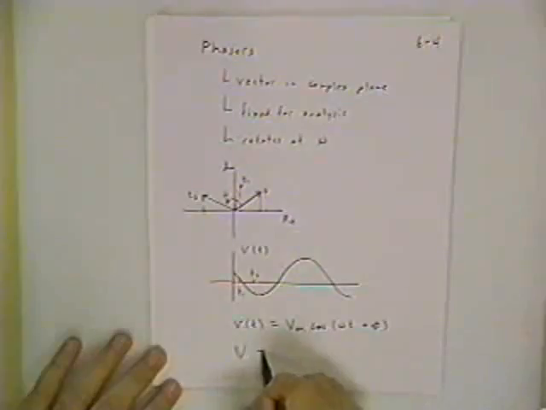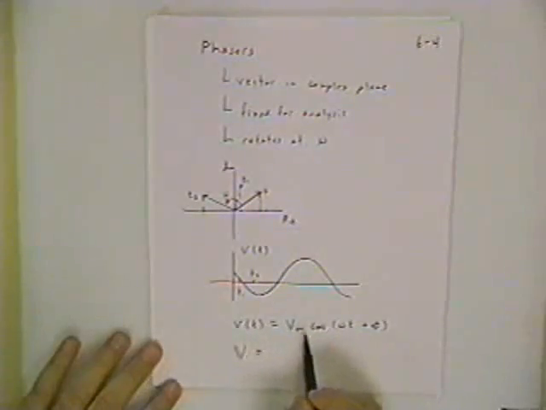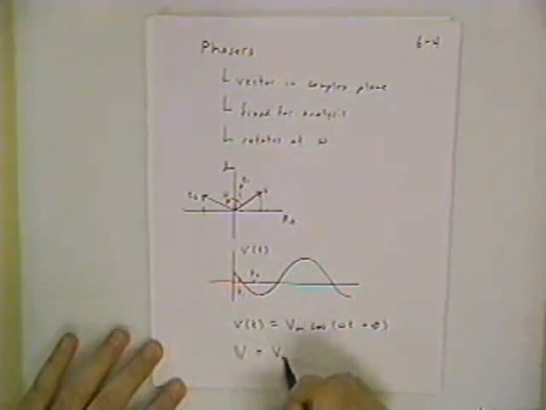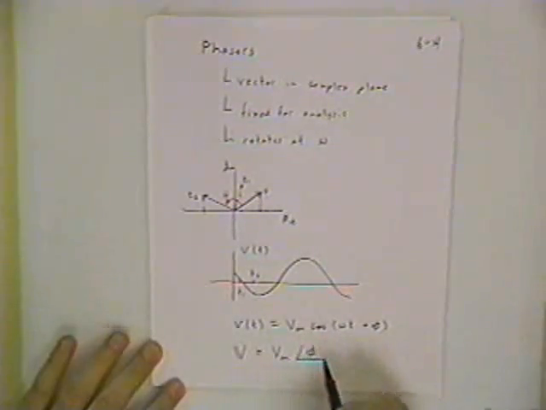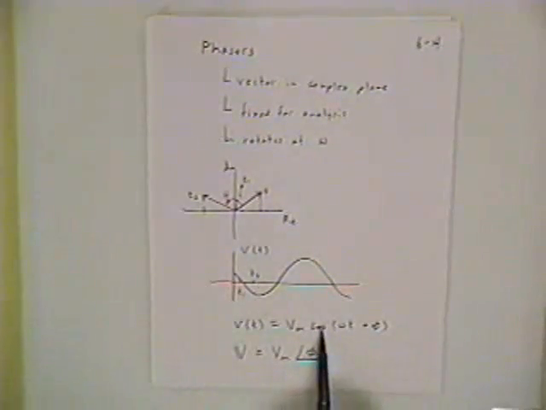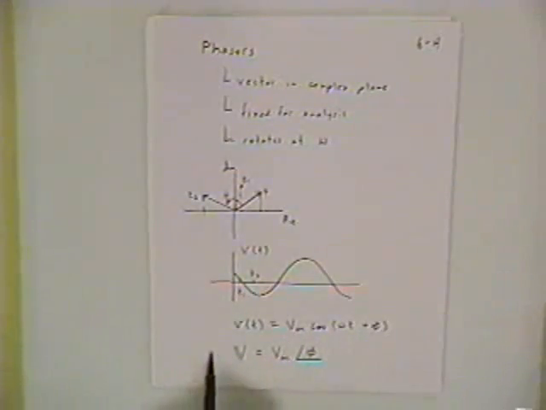You double that up to make that a phasor. The phasor is nothing more than the magnitude and the phase angle. And the advantage here is that we've eliminated all of the common expressions. Everything in our circuit is going to oscillate sinusoidally, the same cosine function, the same omega. But the important things for any particular element or source are the amplitude and the phase angle. So this is how you get a phasor from a sinusoid.